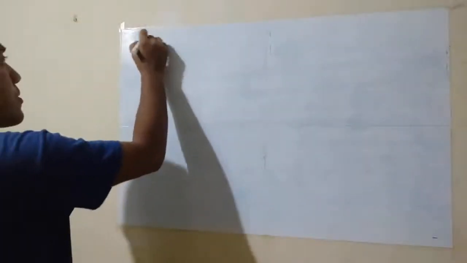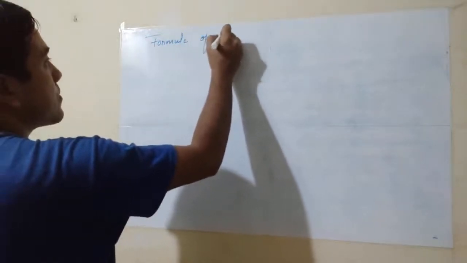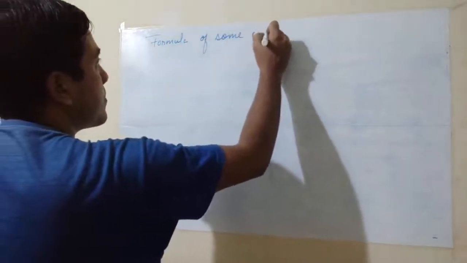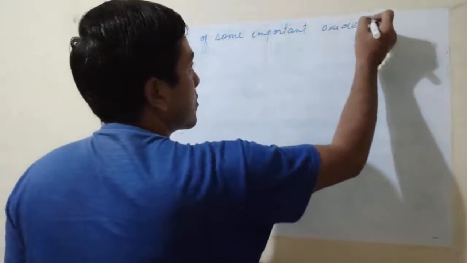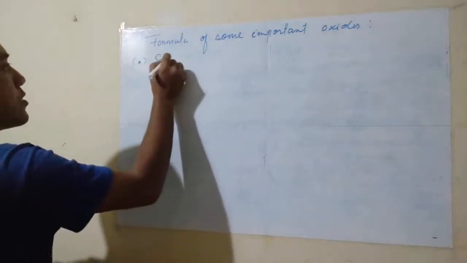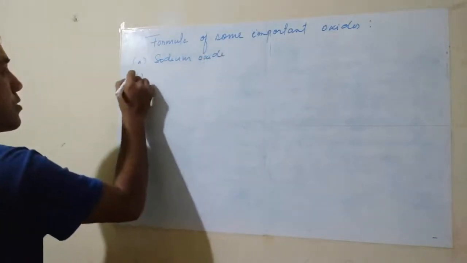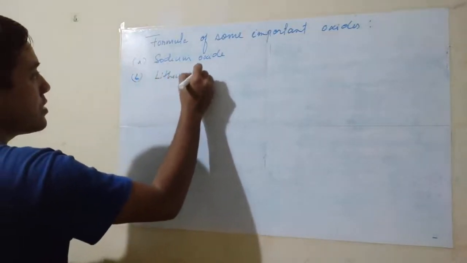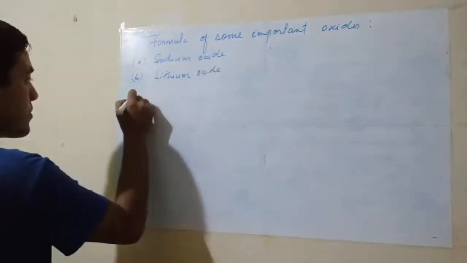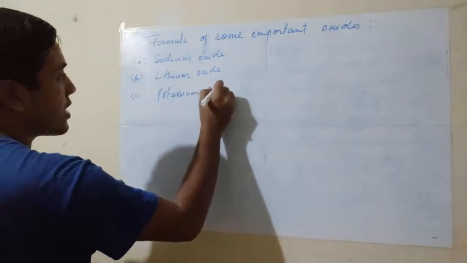Okay, the formulas of some important oxides. Now the first one, sodium oxide, lithium oxide, potassium oxide.